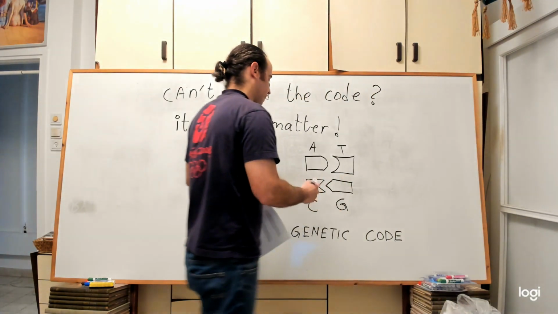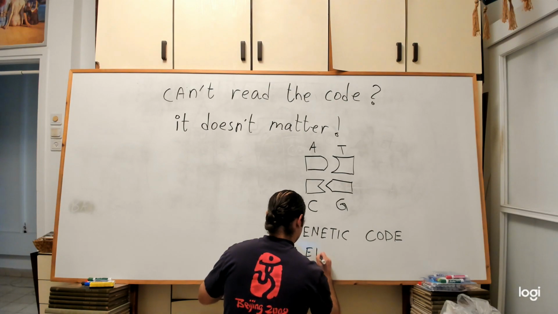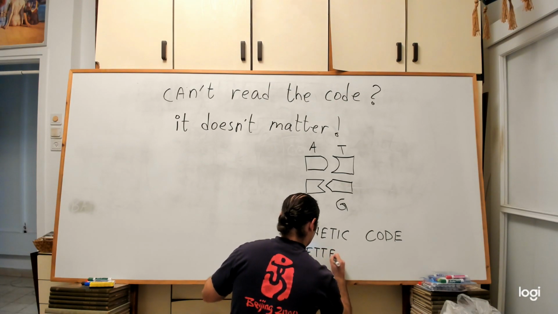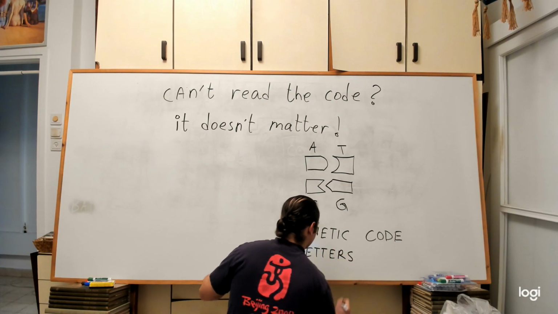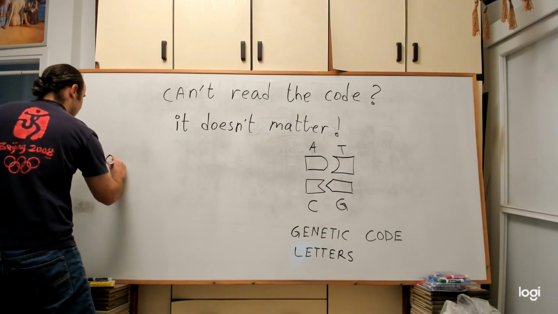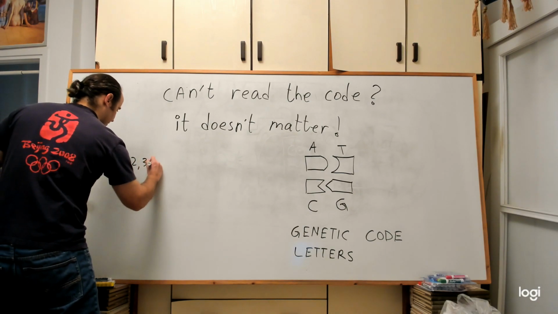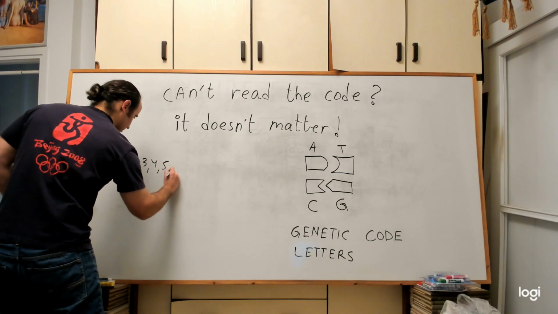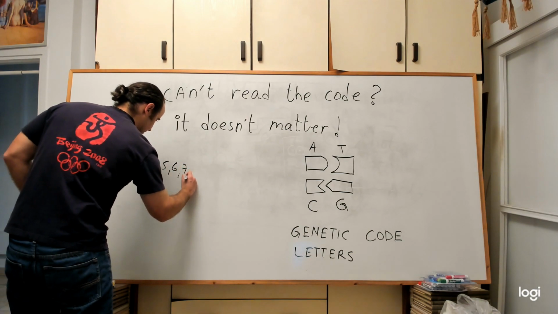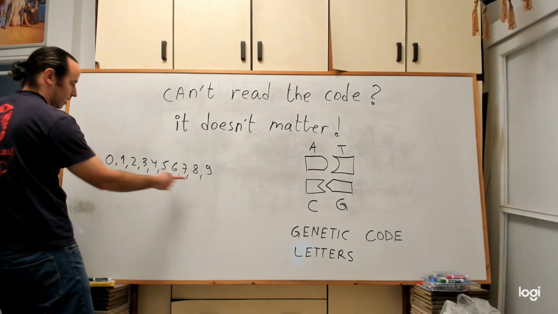Letters. And the assembly code letters are also very few. They are 0, 1, 2, 3, 4, 5, 6, 7, 8, 9. And that's it.